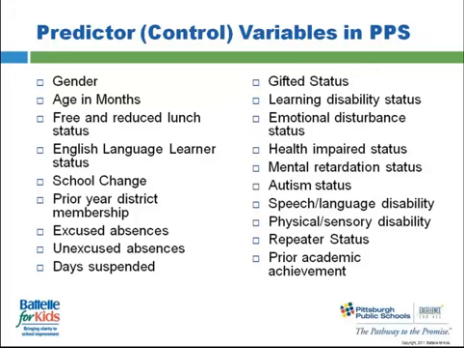Control variables that increase the predictive power are included in order to make the value-added model as accurate as possible. Just like the environmental factors of rain, temperature, and soil richness, this list of variables have proven to increase the predictive power in PPS.